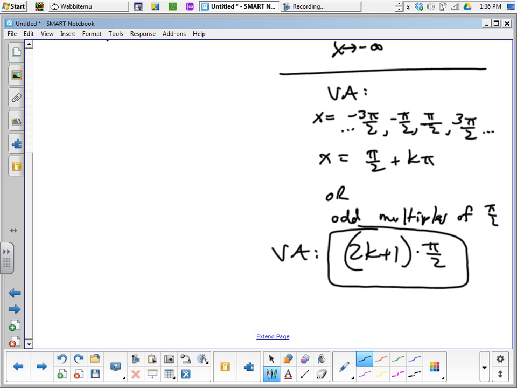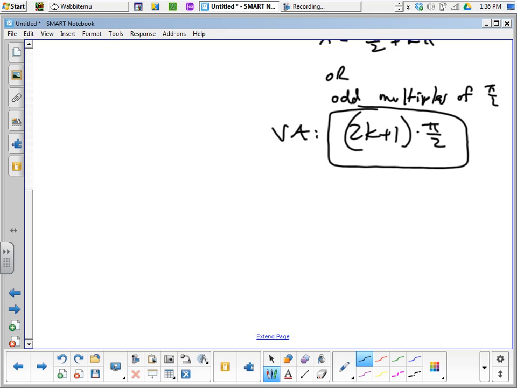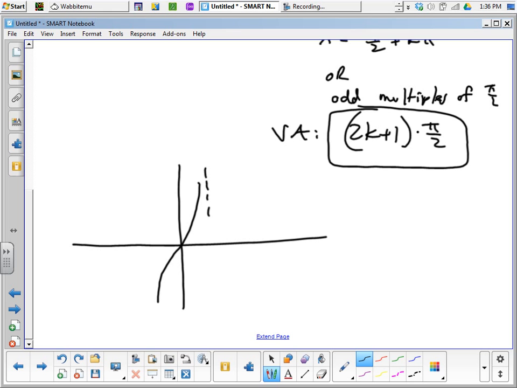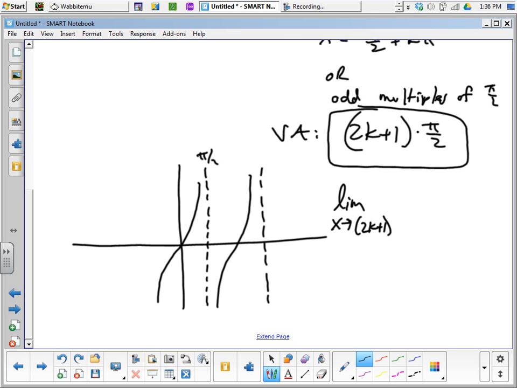Okay, so we're just going to now check the end behavior on either side of the vertical asymptotes, like they said. So we can't do every asymptote because there's too many of them. But here's a sample drawing. What happens if you're doing the limit on the left side of one of the asymptotes?